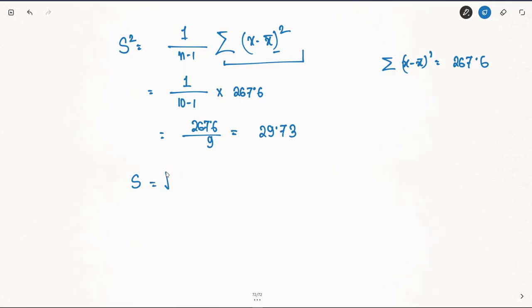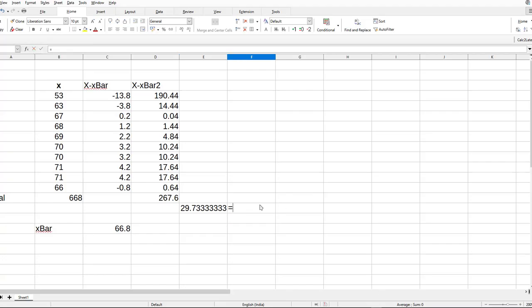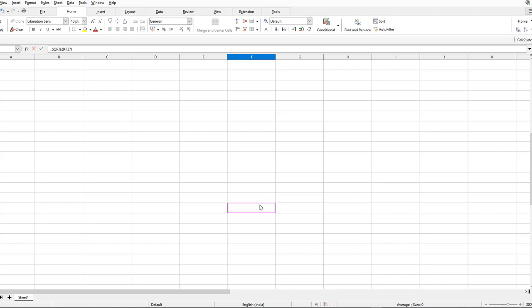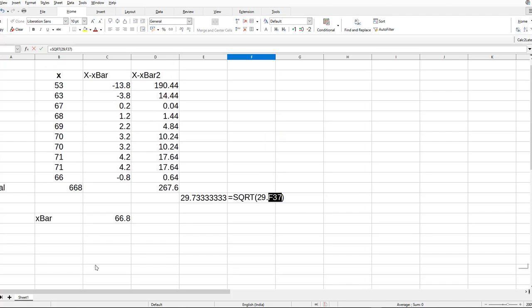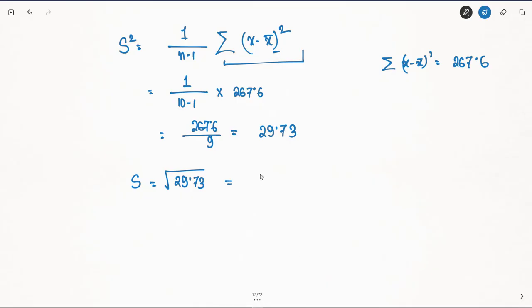So s will be root over 29.73, which is equal to the square root of 29.73, and the value is 5.45.